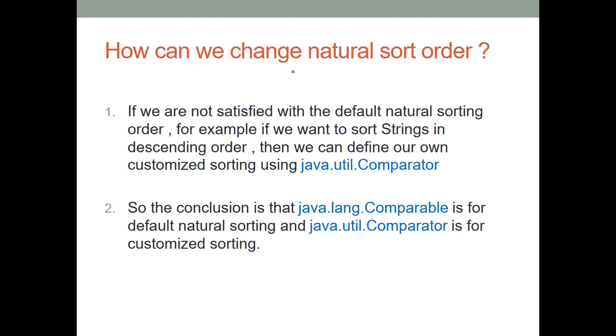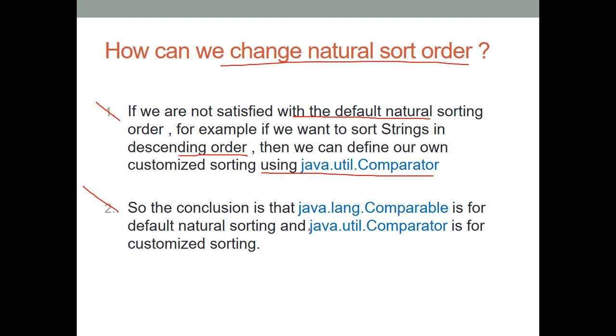Now, how can you change the natural sort order? If you are not satisfied with the default natural order sorting, for example if you want to sort strings in descending order, then we can define our own customized sorting using java.util.Comparator.